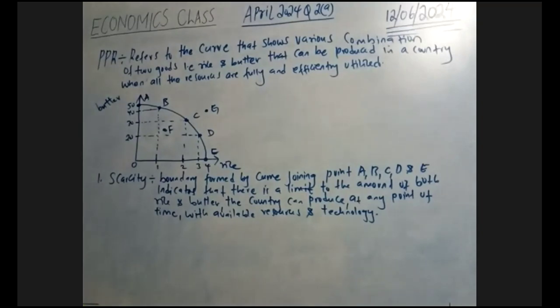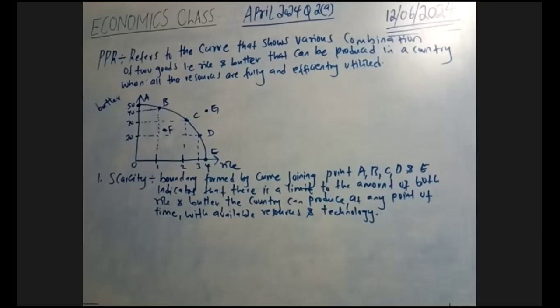So we are talking about the boundary formed by the curve joining A, B, C, D, and E, which indicates that there is a limit to the amount of both rice and butter the country can produce at any point of time with available resources. Now, we have said that at that point, the farm is utilizing their resources effectively. So at any point A, B, C, D, and E, the farm can produce, given the available resources.